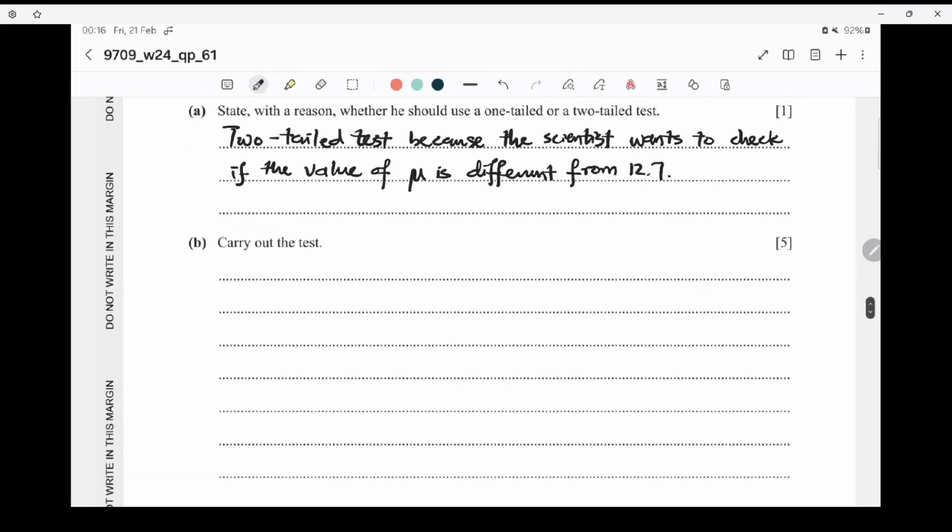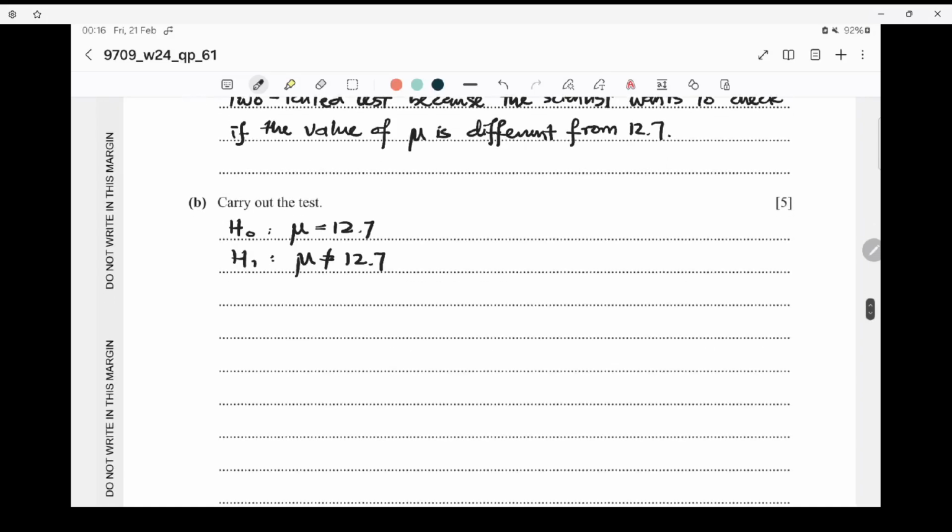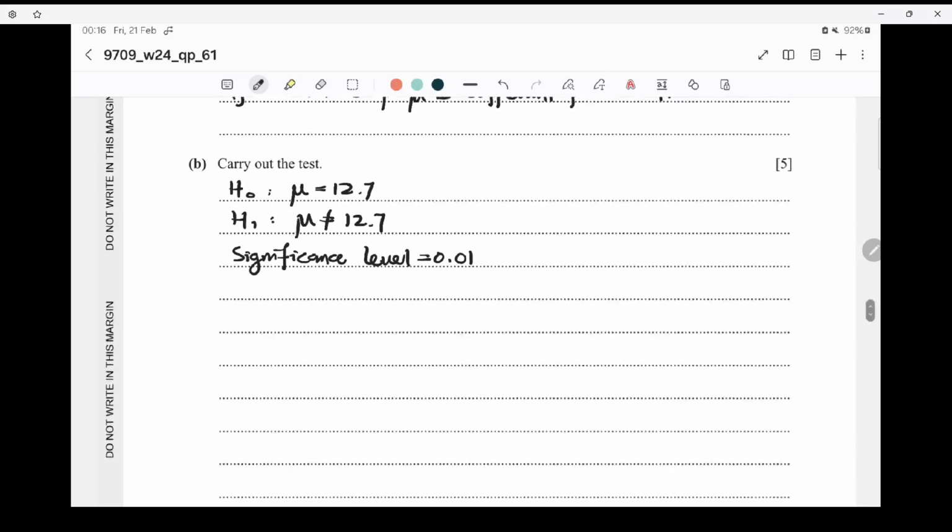So now carry out the test. So first, list down your null hypothesis. Mu is 12.7. Your alternative hypothesis is your mu is not 12.7. The significance level is 0.01, but because this is a two-tail test, you need to divide by 2.